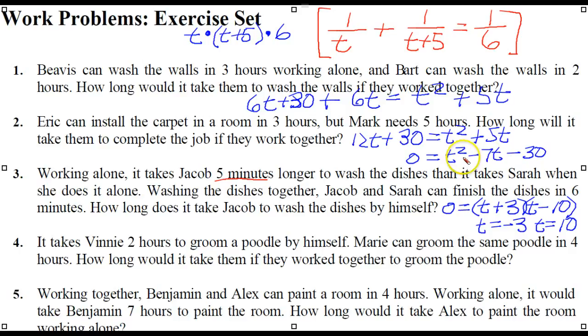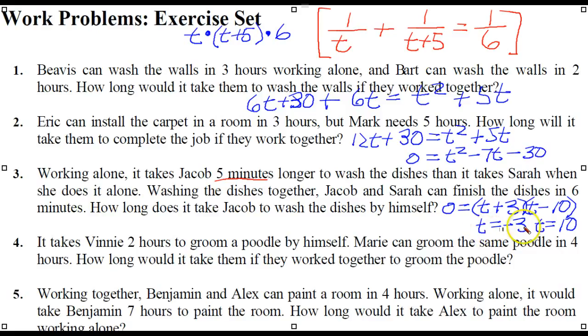And how did we get this? Well, we got this trinomial by foiling two binomials. So we're going to factor this trinomial into this. We get the factors. We equate each of the factors to 0.